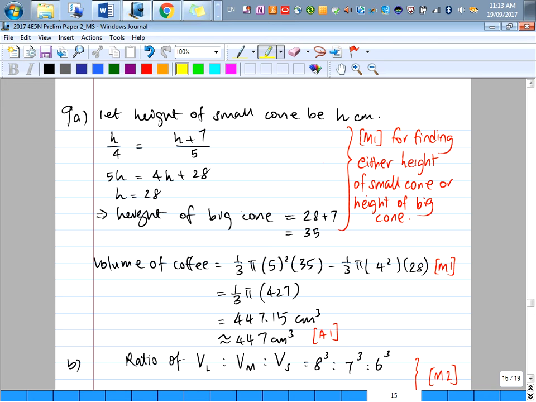If you look at the front view, it looks like this. Then we can divide this, and this will be 4 cm. This is 5 cm, and over here this is h. Oh, sorry, no, this is 7.